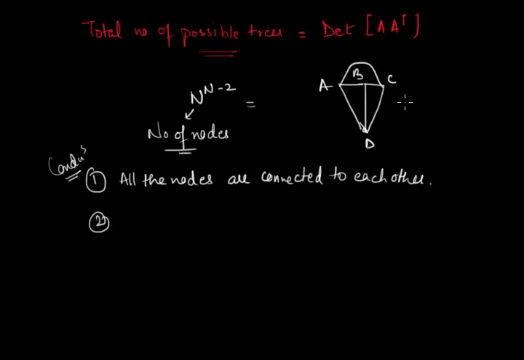My first condition is okay, but there is one more branch connected from A to D. Now my second condition is not satisfied, as A and D have two branches in parallel; two different branches are connected with the same nodes.